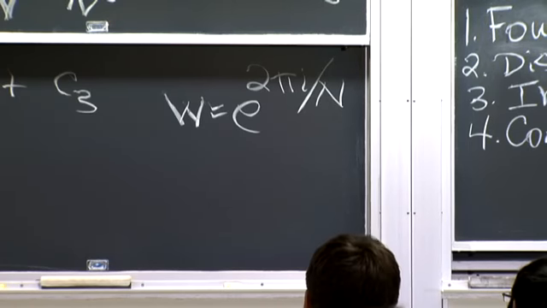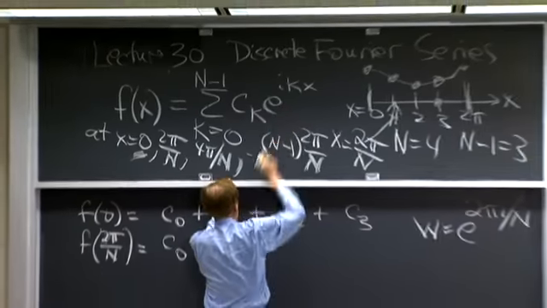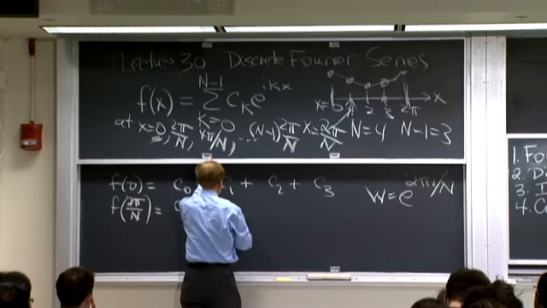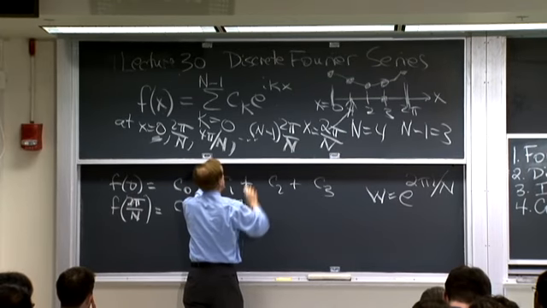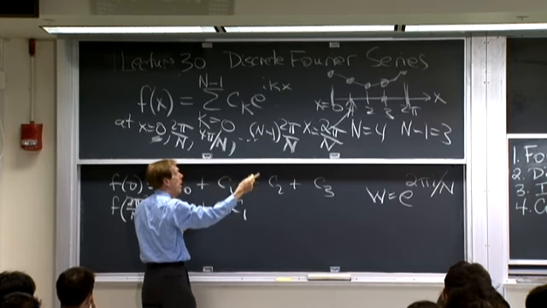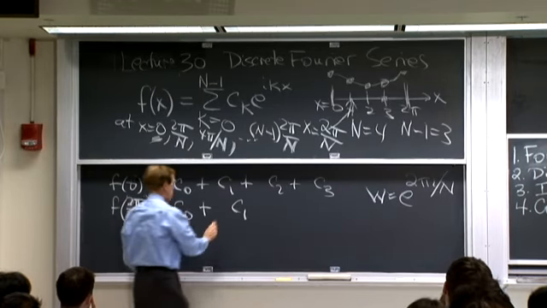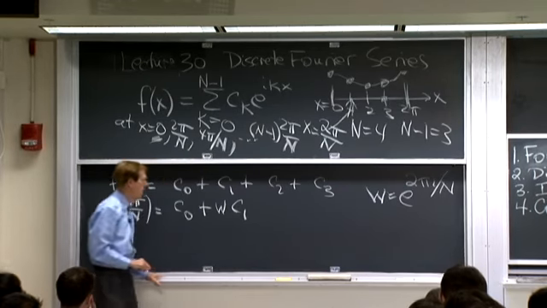So you must get to know that number, w. Because when I plug in x equal, k is now 1 here, so I have C1 times this e to the i 1, 2 pi over n. What is that? w. So it's w C1.